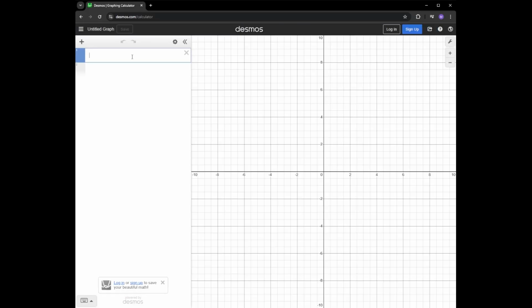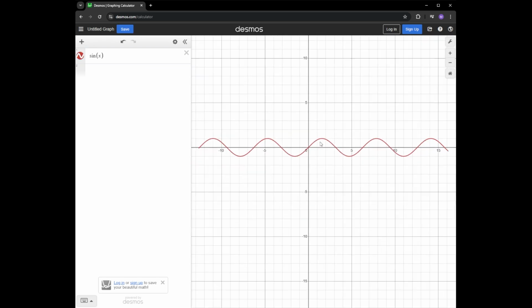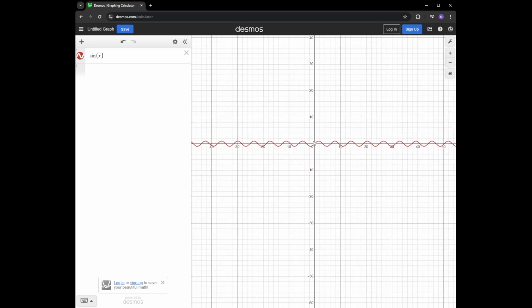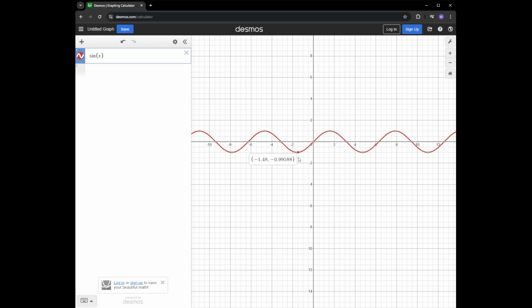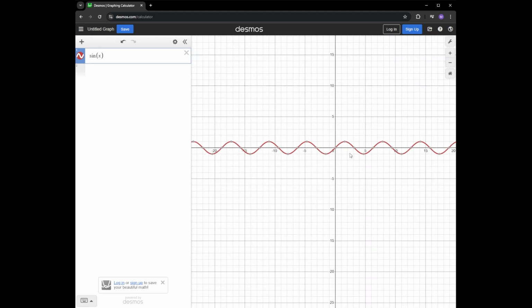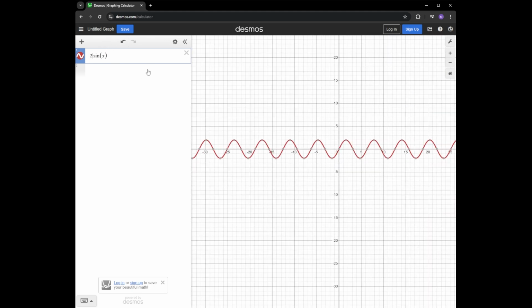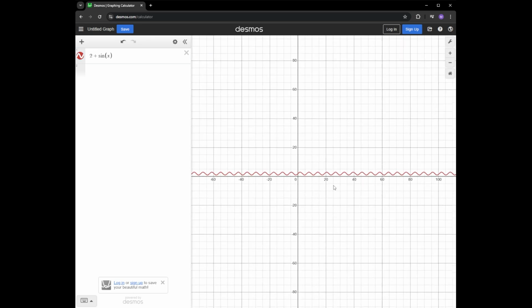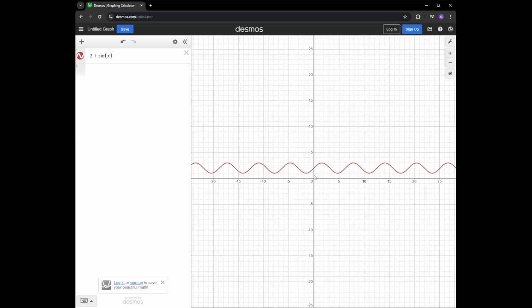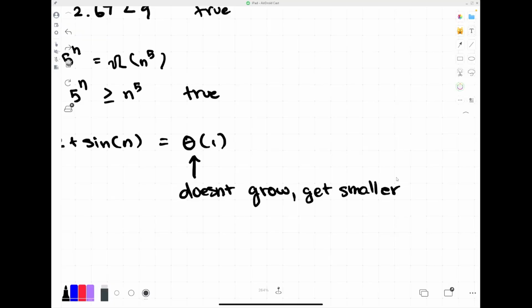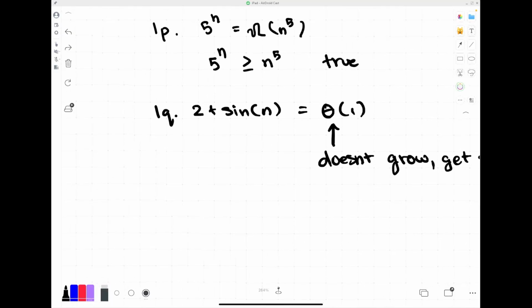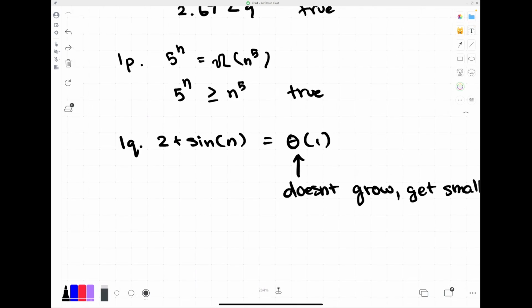So if we had sine of x, we can zoom out and tell that no matter what, this graph does not go past the bounds of -1 and 1. And then if we just add 2 to that, it's just going to shift it upwards, but the graph itself does not grow or shrink at all. So this just proves that this is equal to theta 1 because it doesn't grow or get smaller.